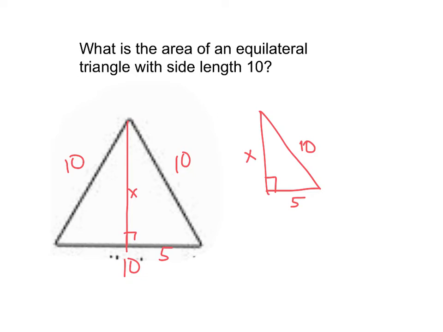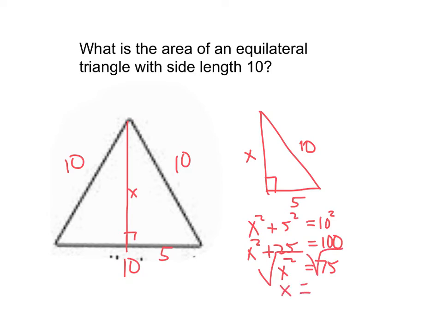Calculating this, we have a right triangle, so we need the Pythagorean theorem. a squared plus b squared equals c squared. We'll have x squared plus 5 squared equals 10 squared. So x squared plus 25 is 100. Subtracting 25 from both sides, x squared equals 75. And square rooting both sides, we'll get x equals 8.7.